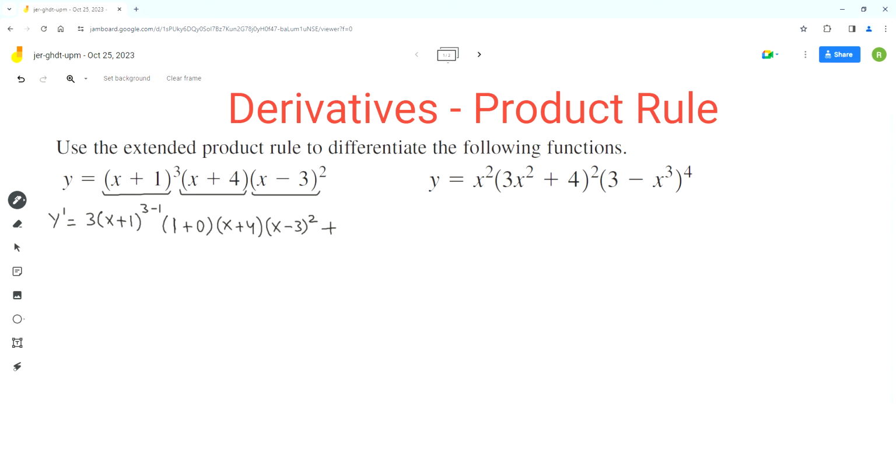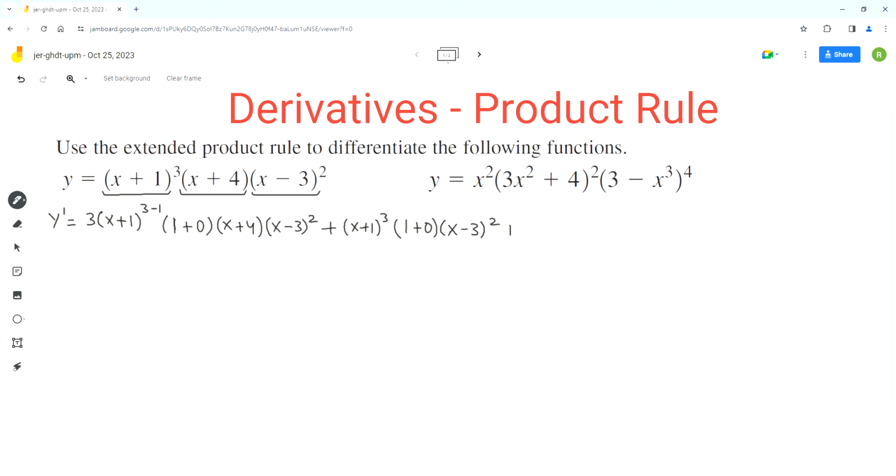plus, now we'll keep the first function the same, (x plus 1) cubed, and now we'll find the derivative of the second function. So that will be 1 plus 0. And the third function we'll write as it is.